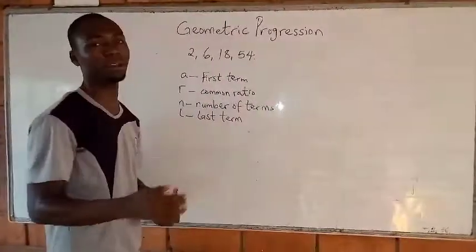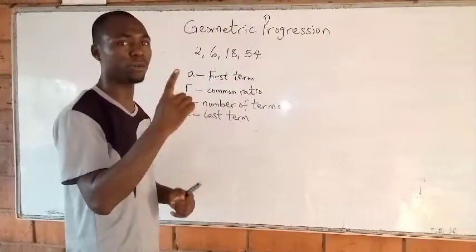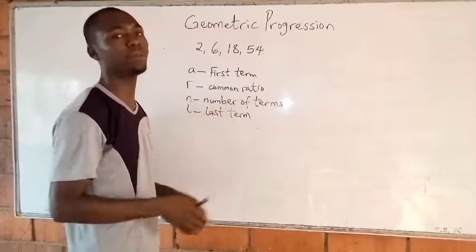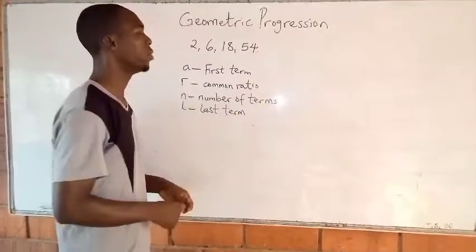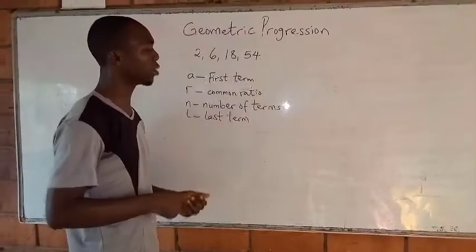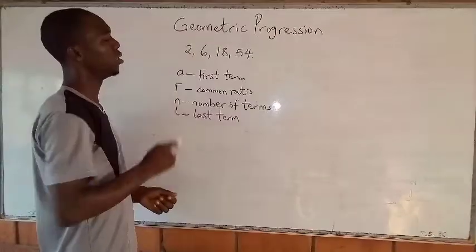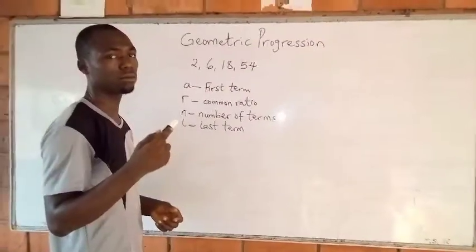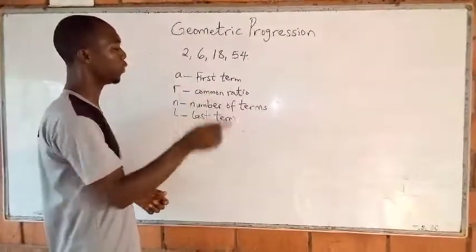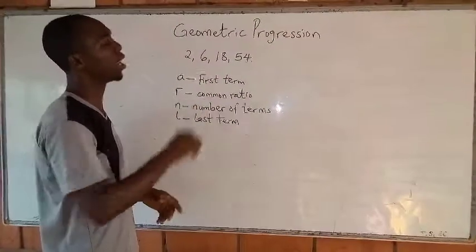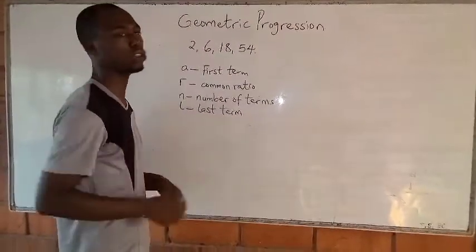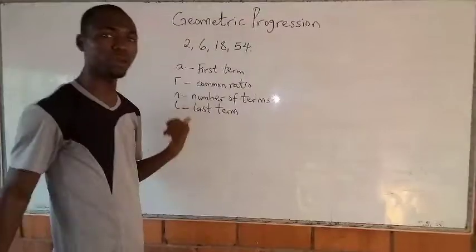Since it follows a particular pattern and we have a definite number that we can multiply by a term to get the next term. And like we have in the previous one, which is arithmetic progression, A is the first term. But the difference between arithmetic progression and geometric progression is that here we don't have a common difference.